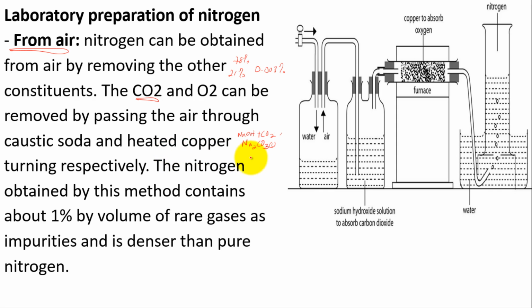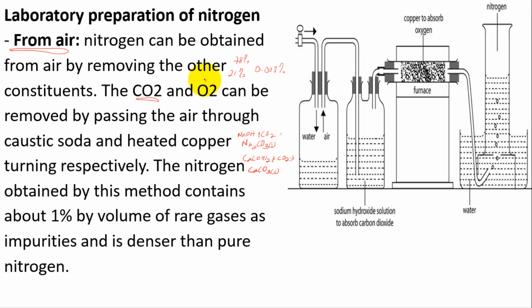Aside this, you can use lime water, which is calcium hydroxide. Then CO2, automatically, we get to remove it as a solid. Therefore, we can trap carbon dioxide in this particular form.